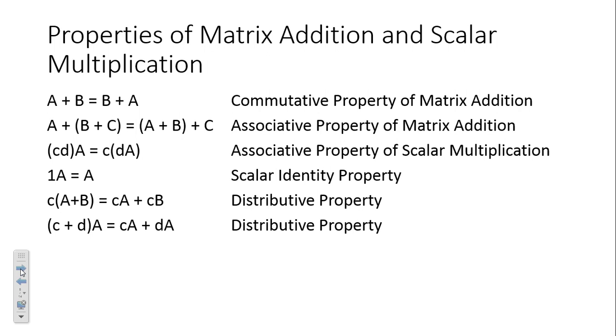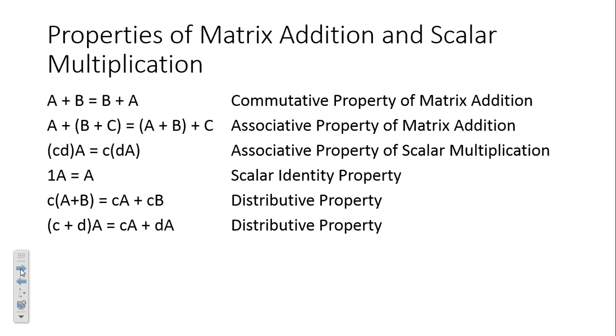So it doesn't matter if I multiply the 2 scalars together and take it times the matrix, or if I take one of the scalars times the matrix and then take the other scalar times that result. It won't affect the overall result.